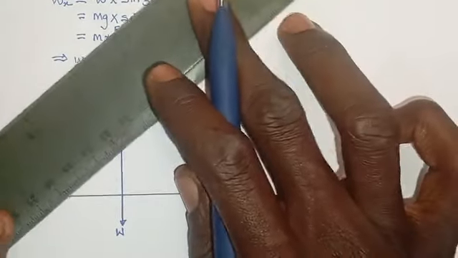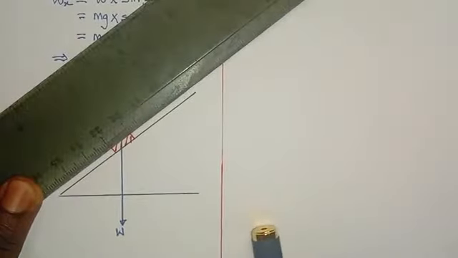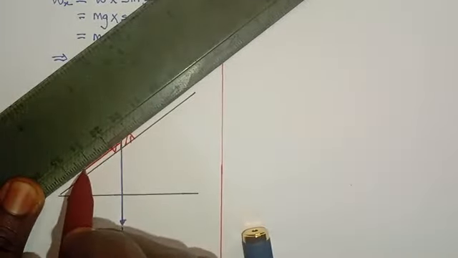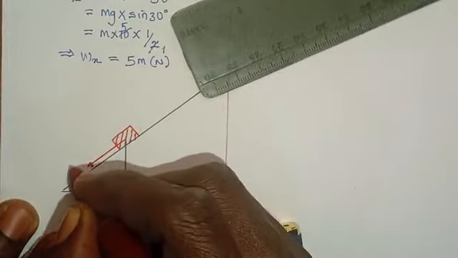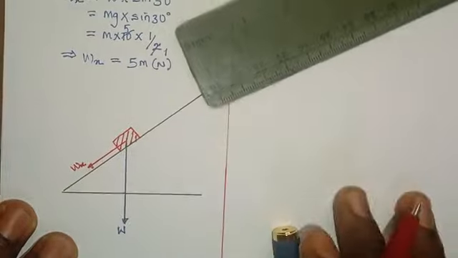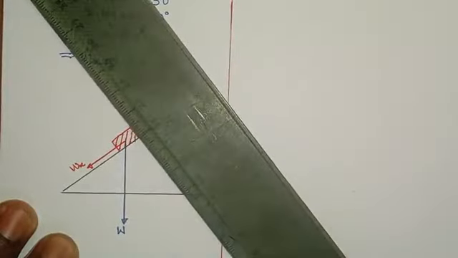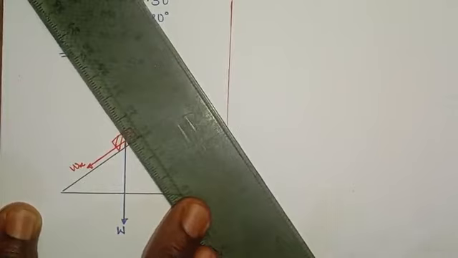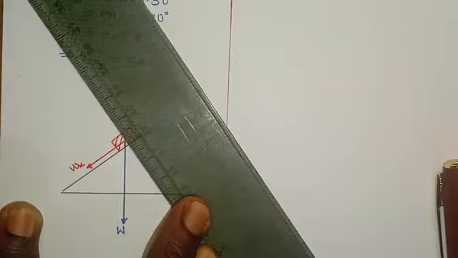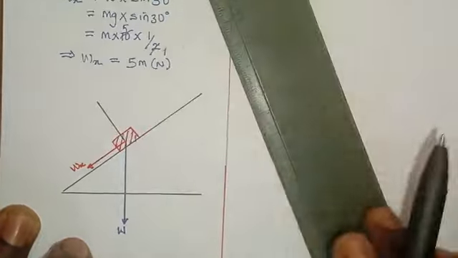And we said the component of this weight acting along the inclined plane is this, and we call it WX. Is that correct? And we said that the normal reaction is always acting perpendicular to the plane, right? So here is our normal reaction, which is always perpendicular to the plane.